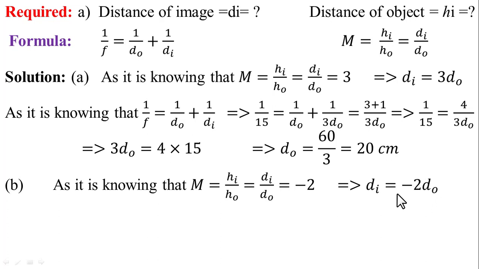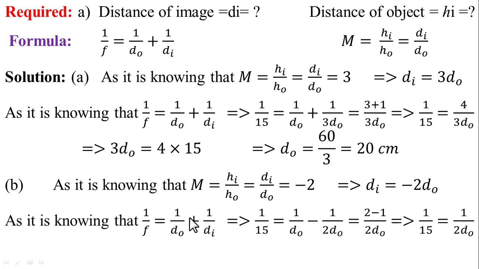So putting the value of di as minus 2d naught, as we know 1 upon f is equal to 1 upon d naught plus 1 upon di.